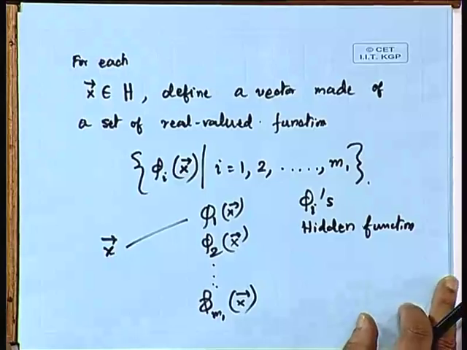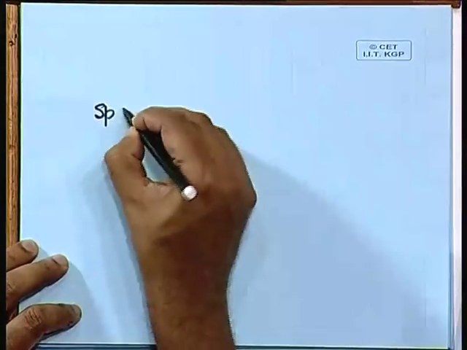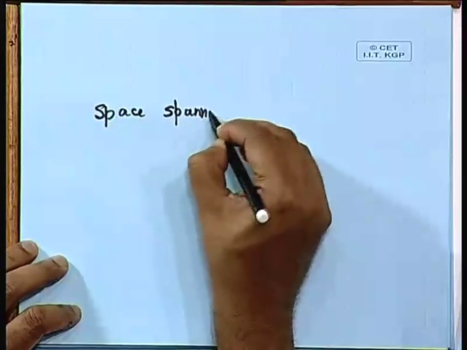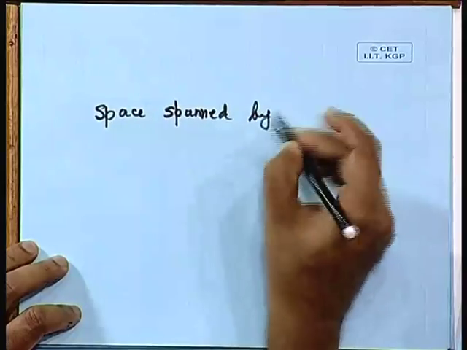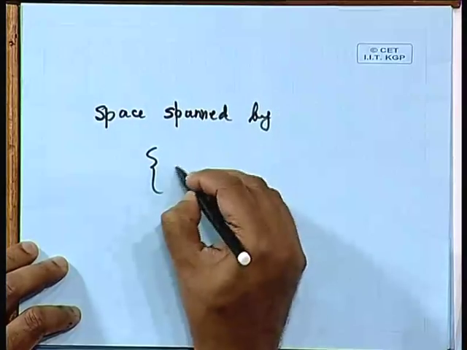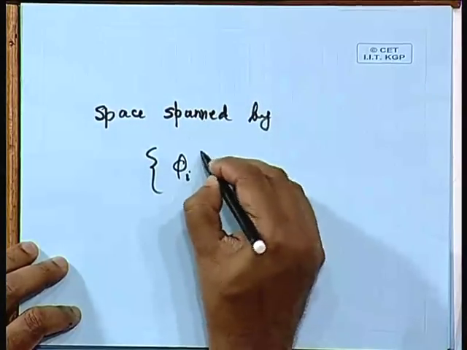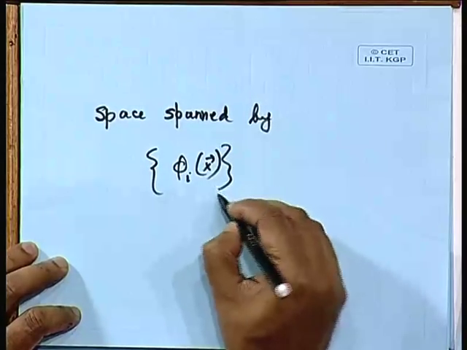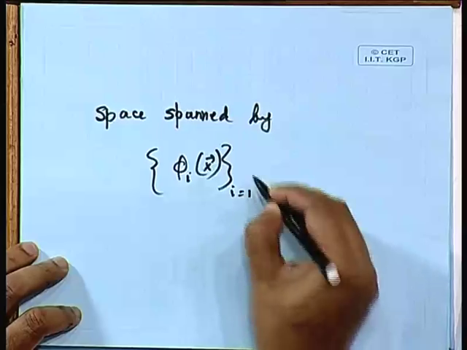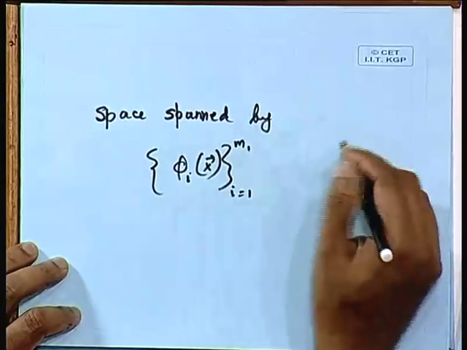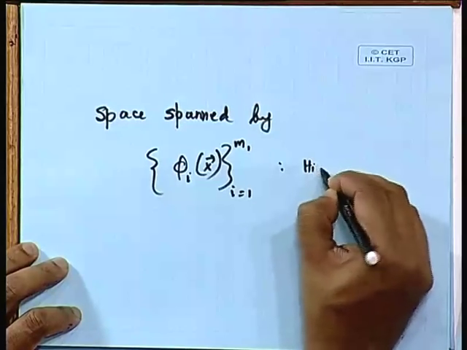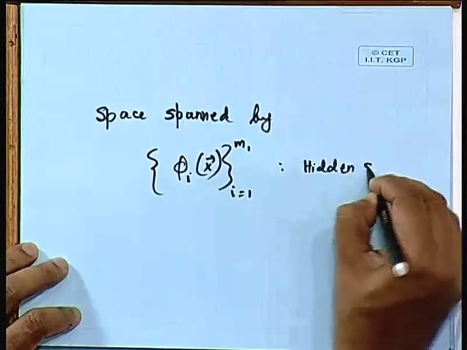The space that is spanned by the set of hidden functions, I can write as the set of phi i x, i equal to 1 to m1. This is referred to as the hidden space or feature space.